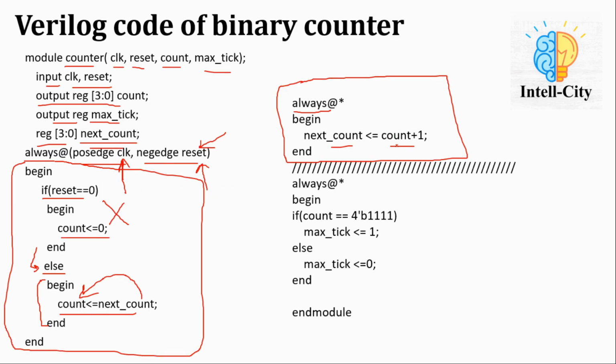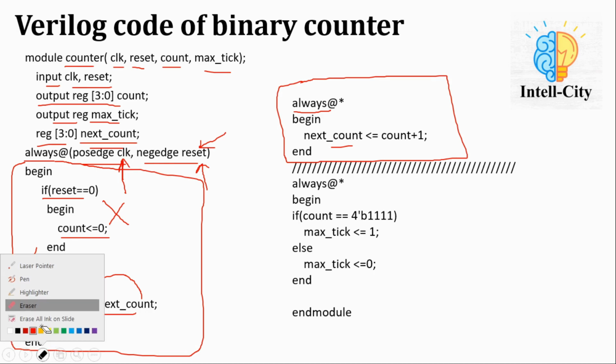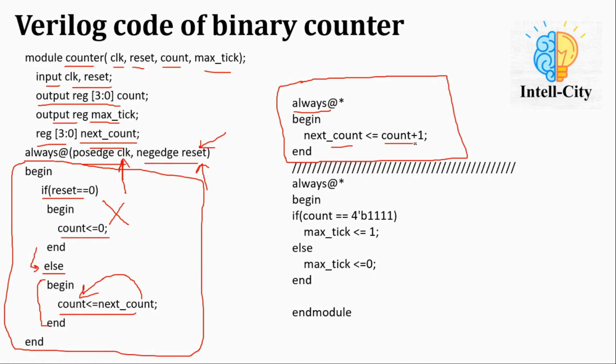The state logic was kept in the count variable. So it will add 1 to the state logic, and that computation is assigned to the next count value.